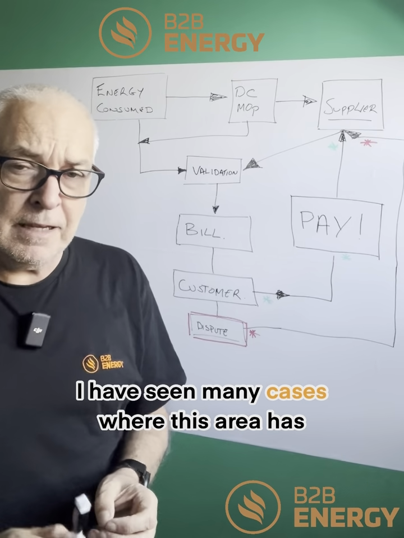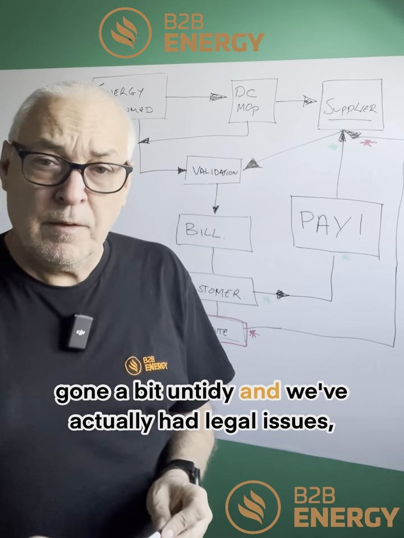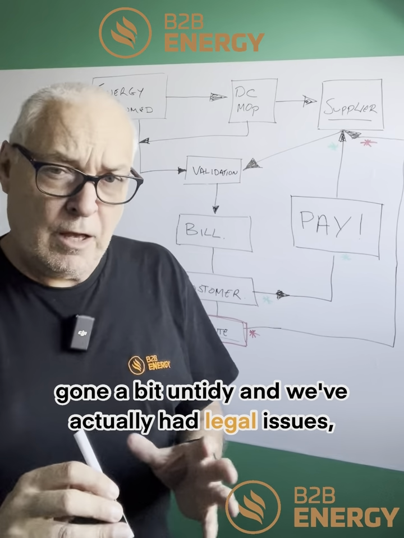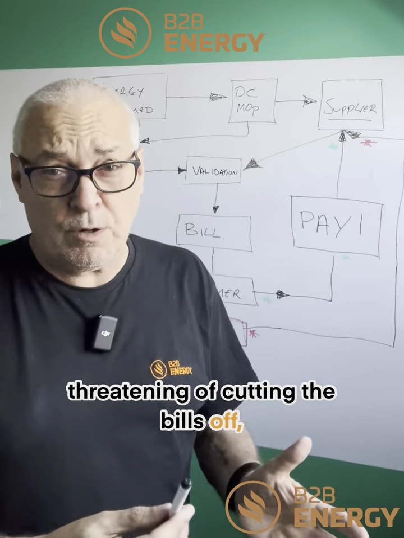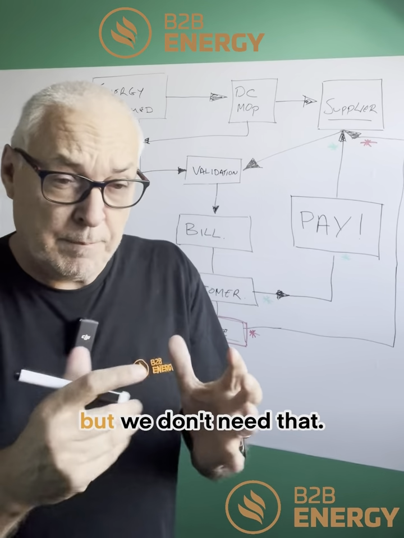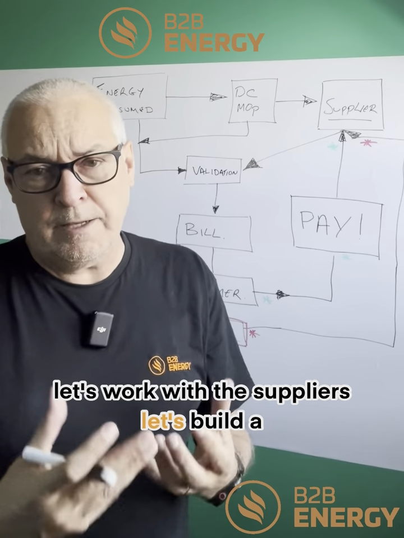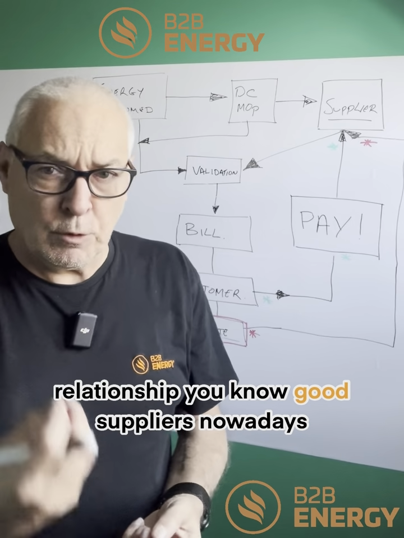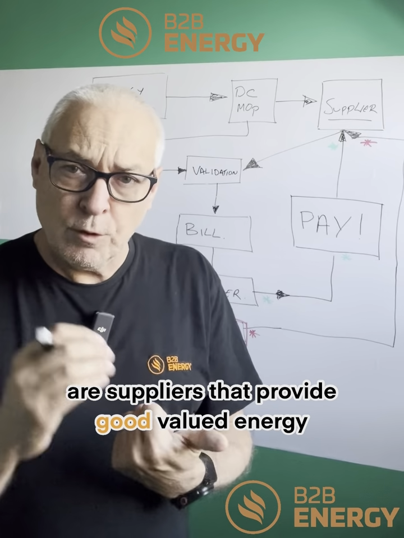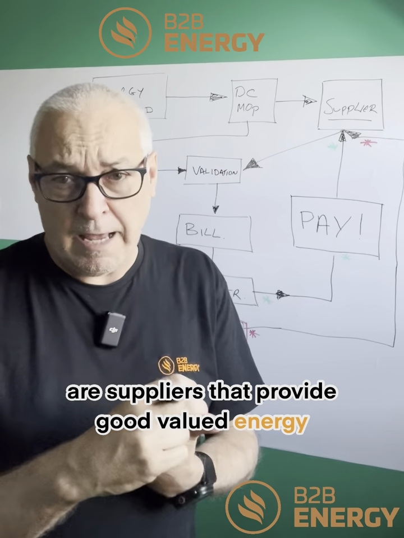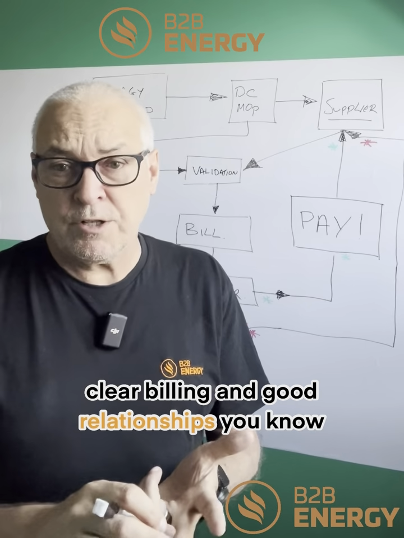I have seen many cases where this area has gone a bit untidy, and we've actually had legal issues, with threats of cutting the energy off, but we don't need that. Let's work with the suppliers. Let's build a relationship. Good suppliers nowadays are suppliers that provide good value energy, clear billing and good relationships.